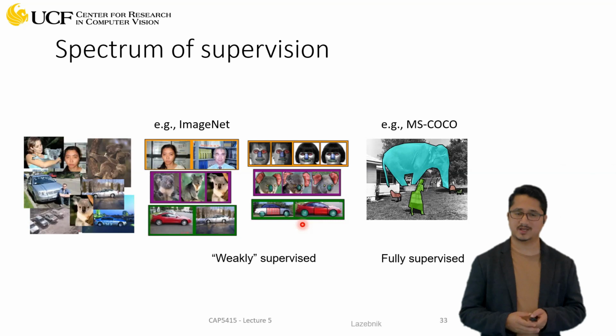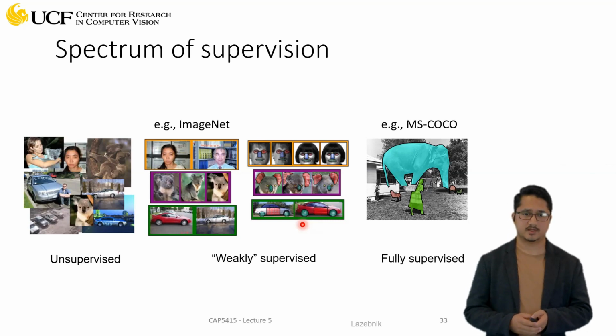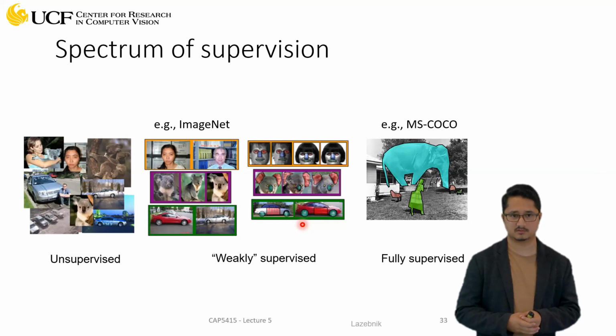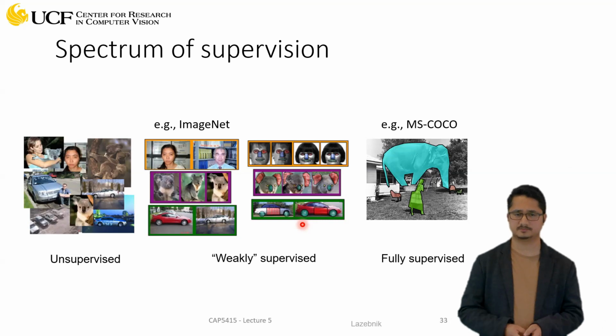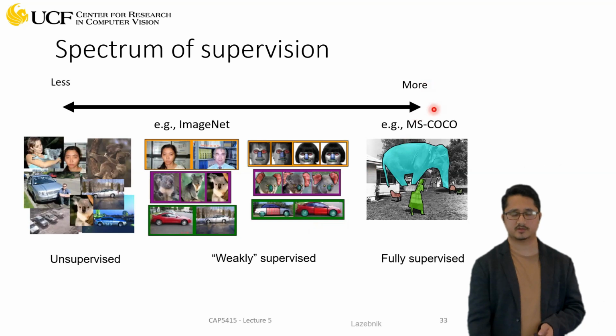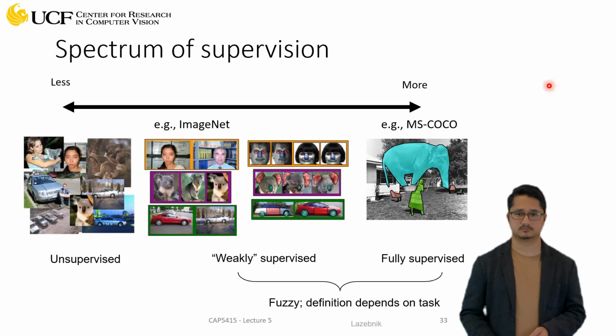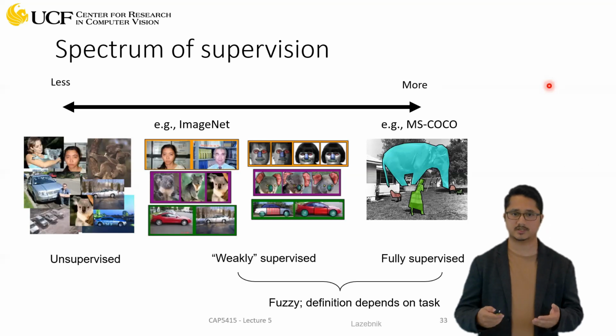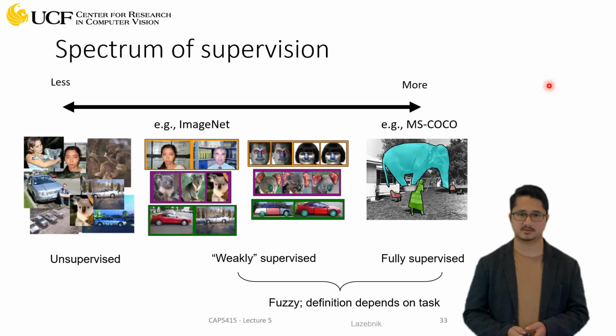ImageNet is one such example. And then unsupervised is where you don't have anything. We just have a bunch of images and you have to learn. So these are different variations. Of course, as you go towards the right, you need more annotation. As you go towards the left, you will need less annotation. This definition varies from task to task. I just gave an example of one task, but you can generalize it to other tasks as well.